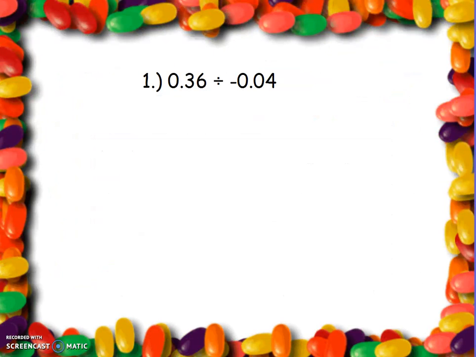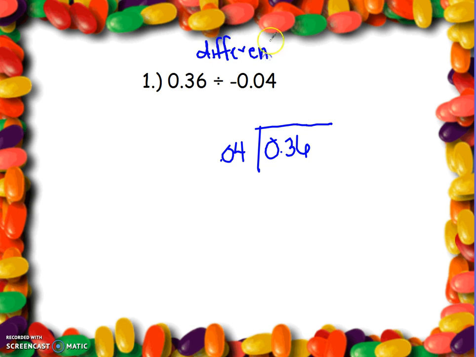Let's take a look at number 1. The number on the left is going to be our dividend. So we're going to have 36 hundredths inside the house. 4 hundredths is going to go outside the house. If you want to go ahead and look at the signs, you can. They are different, so the answer will be negative, or there is an odd amount of signs.